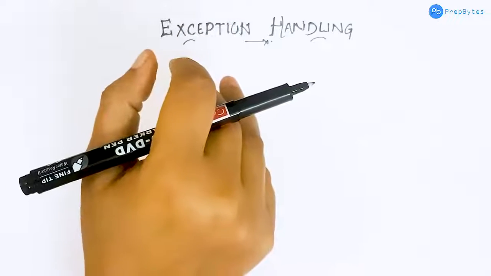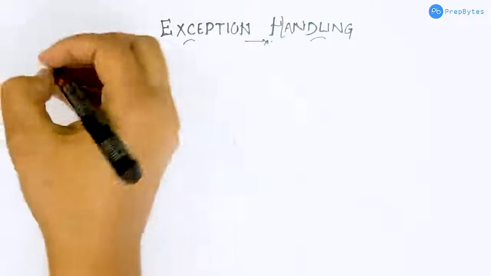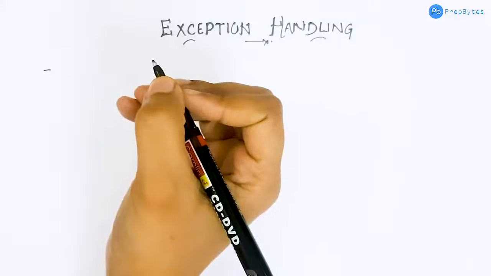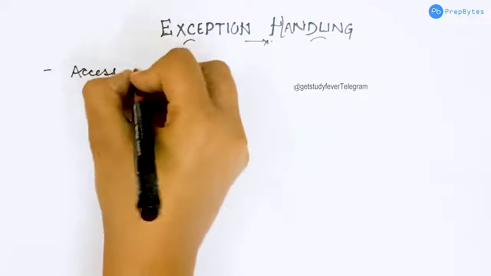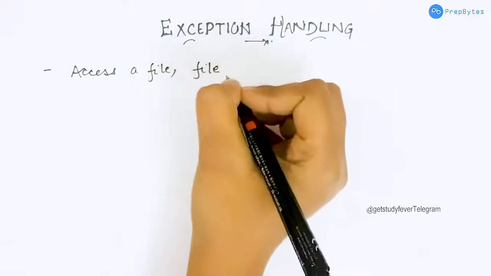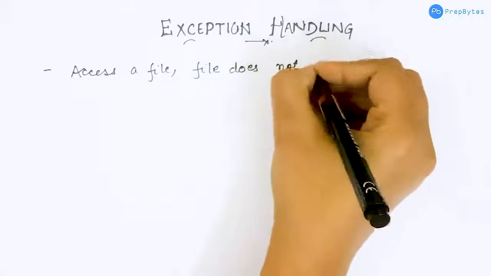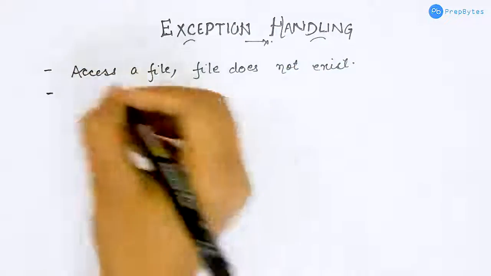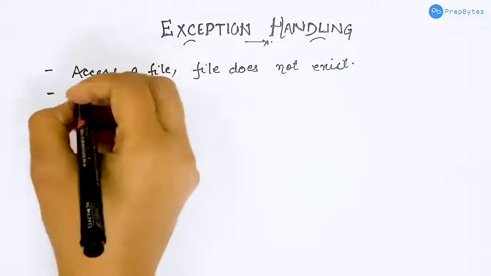So let's understand what things can go wrong in Java code. Let's take 2-3 examples. Let's say we have Java code in which we are trying to access a file and the file does not exist. Or let's say we are trying to divide a number by 0.